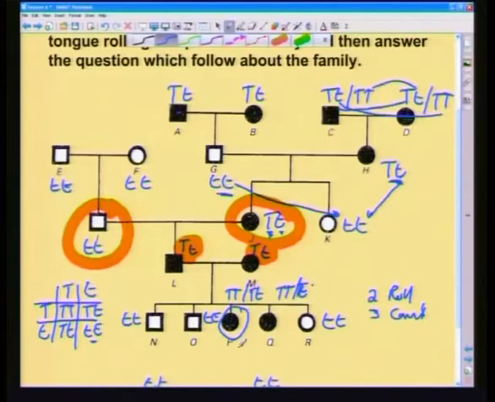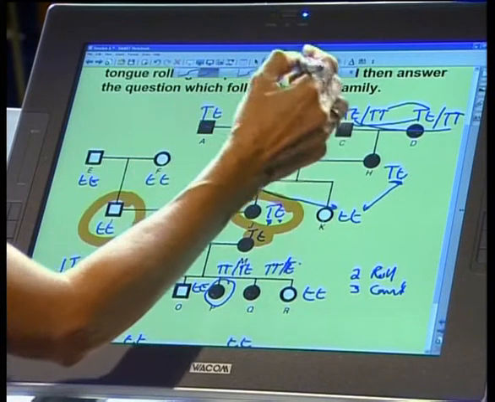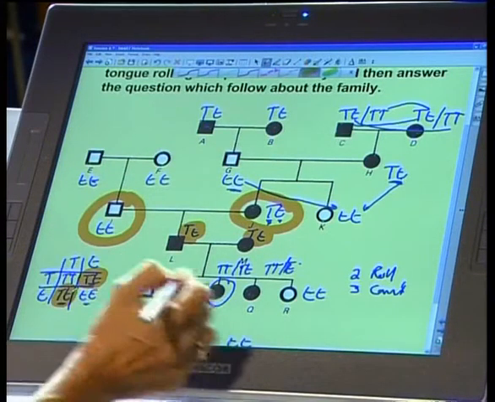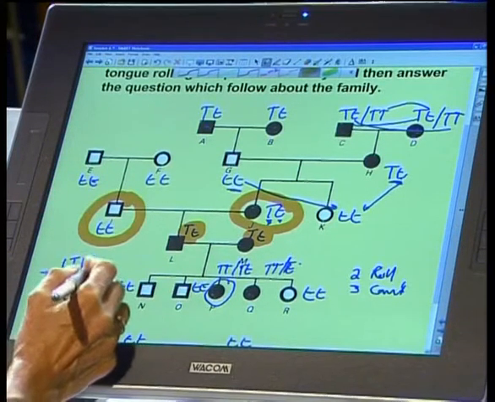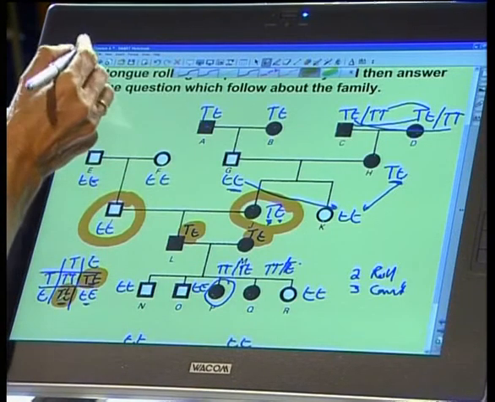What are the chances that she's homozygous dominant? 25%, because she is either capital T small t or small t small t. So there is a 50% chance that she is going to be heterozygous. You see this, people? 50%, because there it is. That and this. So P is going to be able to roll her tongue as a heterozygous organism.